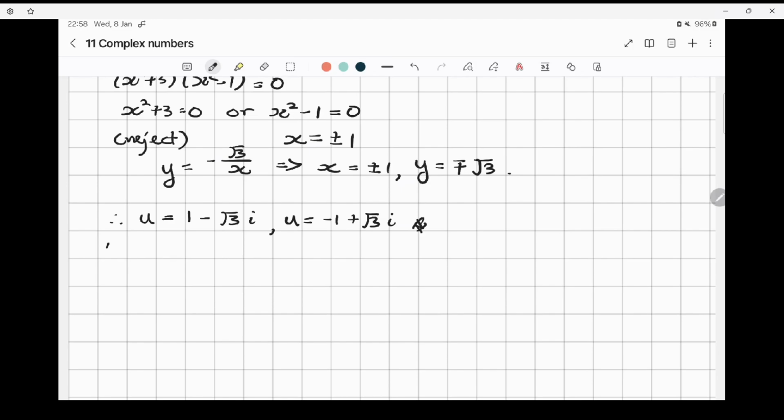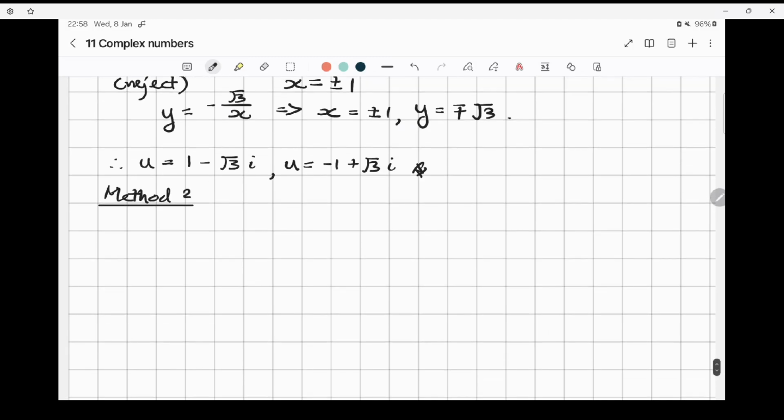Let's look at how we would do it with method 2. So remember that, sorry, this is not u, but square root of u. So remember what we need to do first. We need to define your u in the polar form.